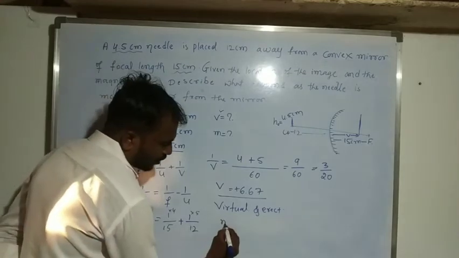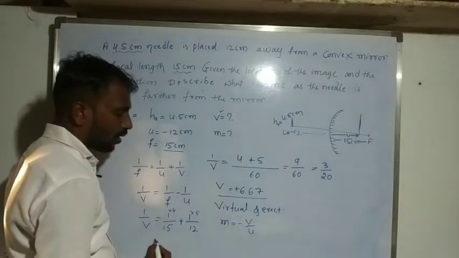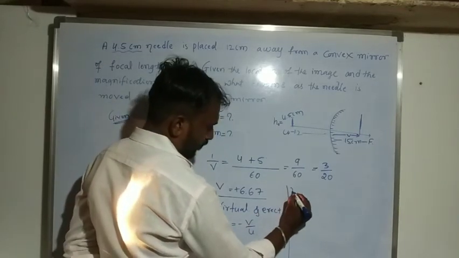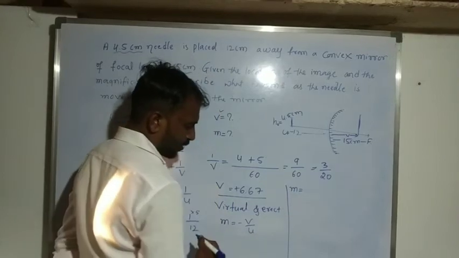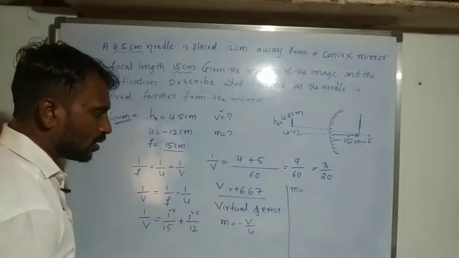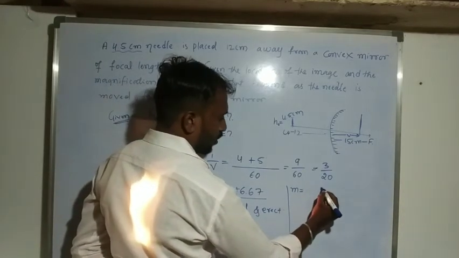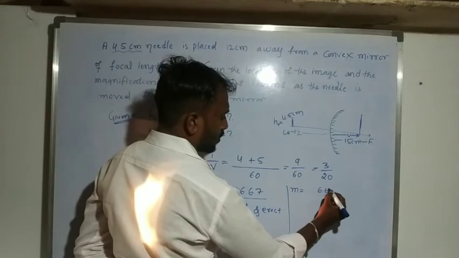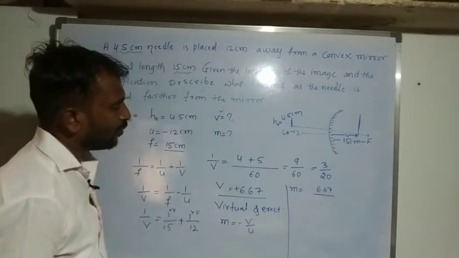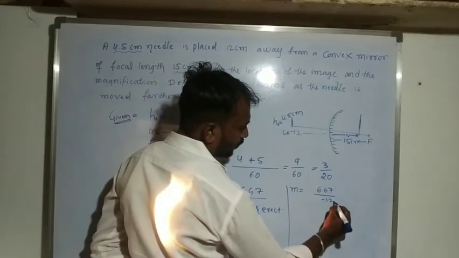Magnification M is equal to minus V divided by U. Okay, so magnification M is V divided by U. So V, image distance 6.67, divided by object distance minus 12.